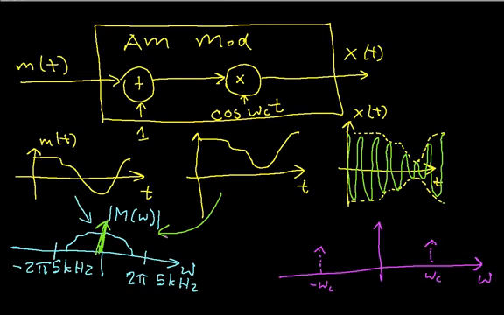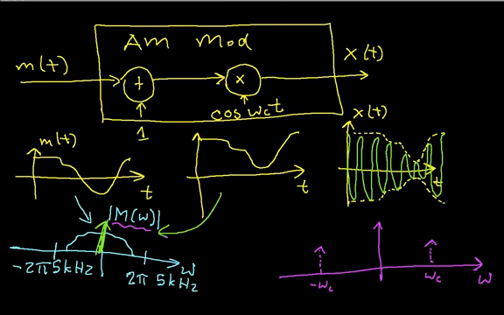And when I take my m of omega and convolve it with these delta functions at minus omega c and omega c, I basically get 2 copies of my m of omega plus this delta function at 0.